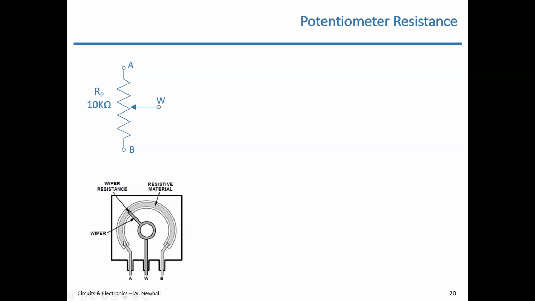Now, you can see that there are really two sections of resistive material here, between A and W and between W and B. So you can equivalently break up the schematic symbol and represent it with two resistors, a resistance between A and W and a resistance between B and W. Let me represent that potentiometer like this.